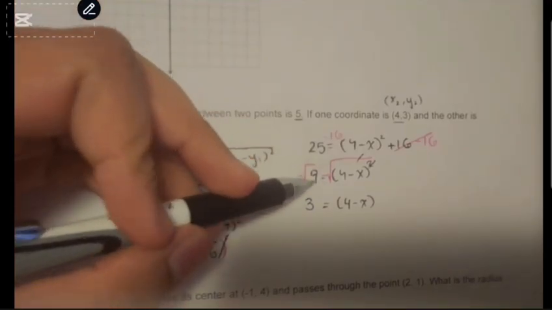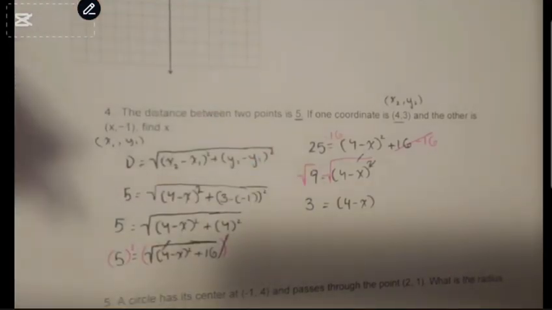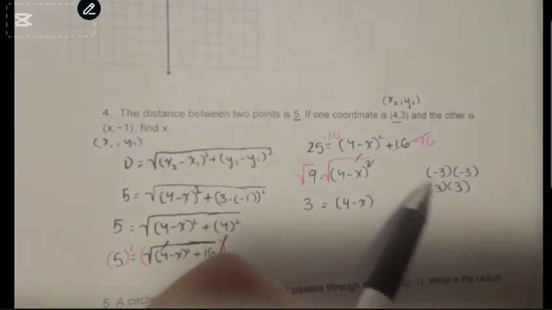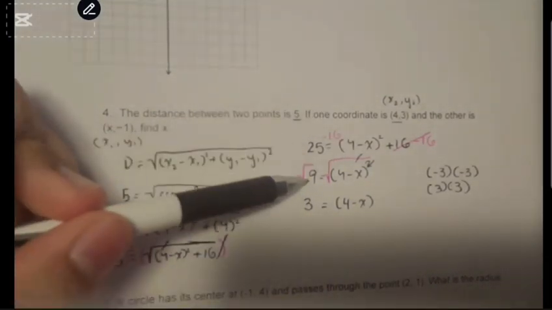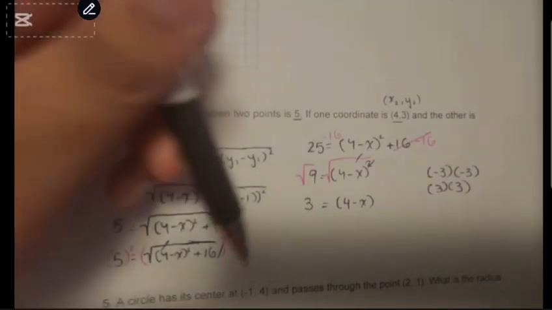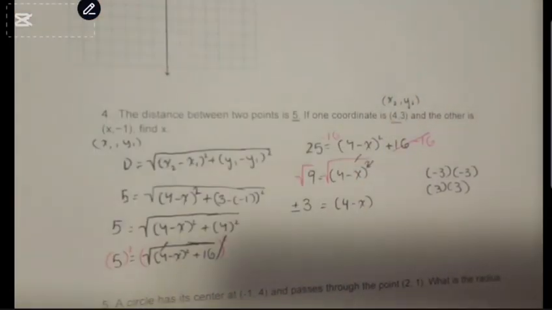Now there's two ways. The square root of 9 is 3. However, it could be two different ways. We can show our 3 as minus 3 squared, which is minus 3 times minus 3, or 3 squared, which is 3 times 3. Either way, both equal 9. So we don't specifically know if our 3 is going to be positive or negative. So we do plus or minus 3.